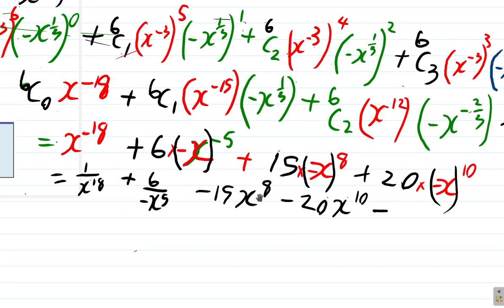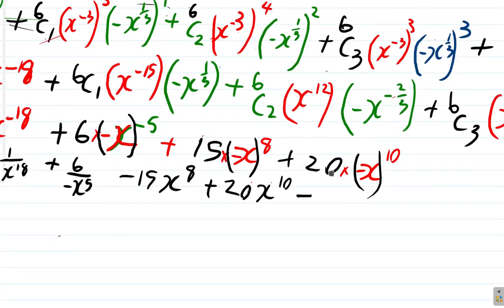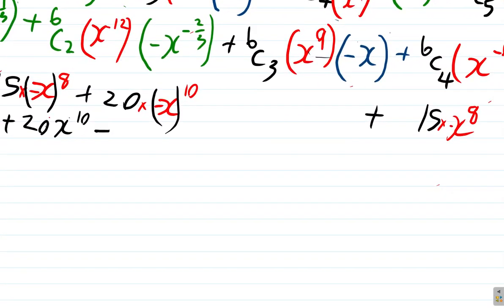Then 15 times negative x to the 8. This is going to be a positive because it's an even power. You have an even number of negatives to multiply, so it turns out a positive. Same thing with this. It's going to be a positive, so it's going to be a plus 20x to the 10. Now, this one I put all the way out here.